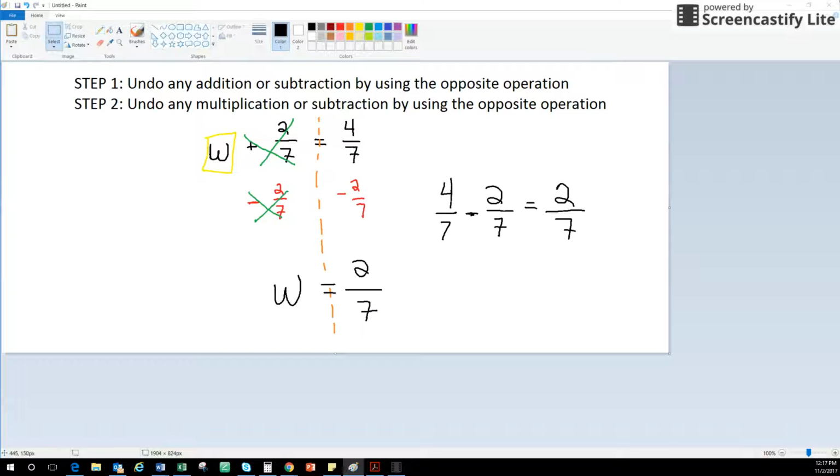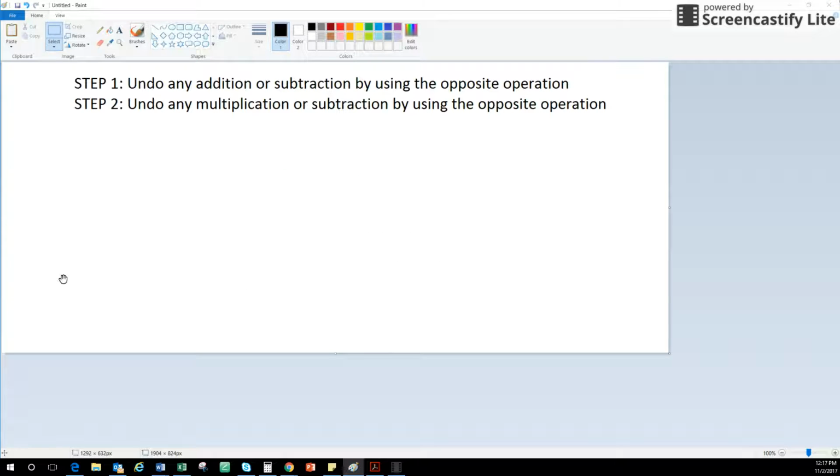All right, looking at the next one. We have R minus 5/6 equals 2/3. So go ahead and try this on your own. Answer the Edpuzzle question. Continue on when you're ready to check your work.